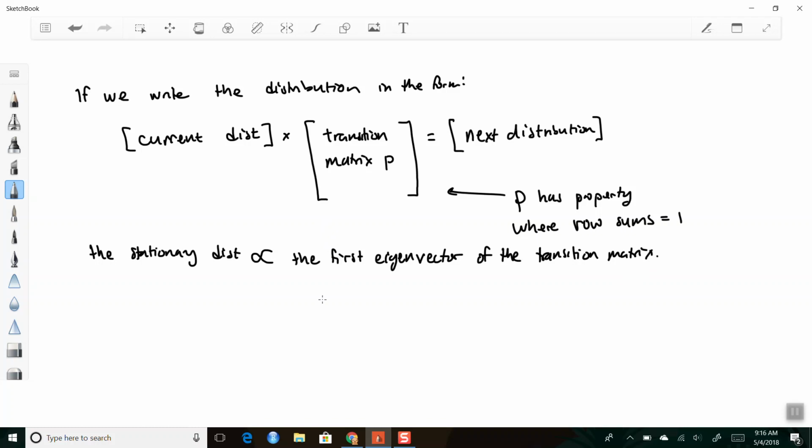It will be the eigenvector of the transition matrix, first eigenvector of all positive values. I think maybe I should say of all positive values. Or all non-negative, I should say. All non-negative values. Okay, first eigenvector of all non-negative values of the transition matrix.